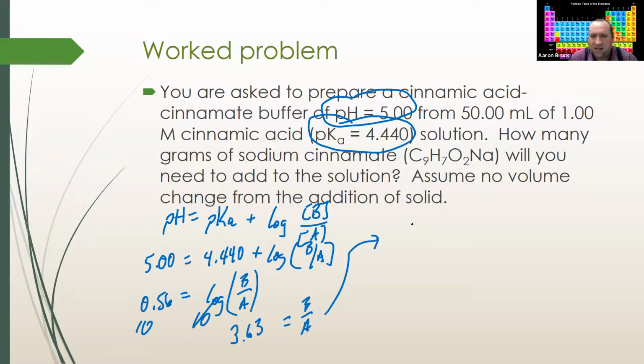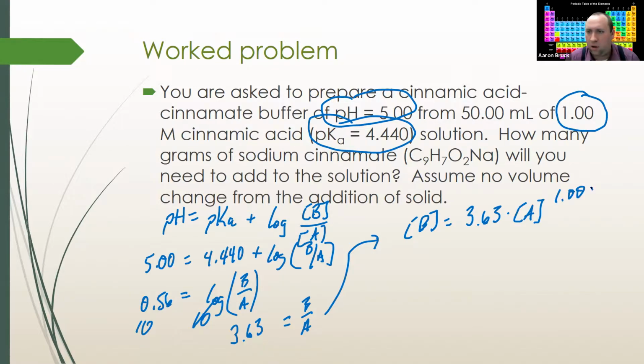Well, that means that the concentration of the base is going to be 3.63 times the concentration of the acid. Now, we've been told that the acid is going to be 1 molar, which means that the concentration of the base is going to be 3.63 times that. It's going to be 3.63 molar in its concentration.